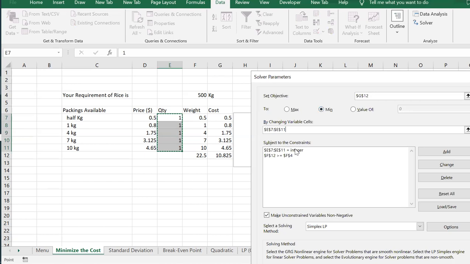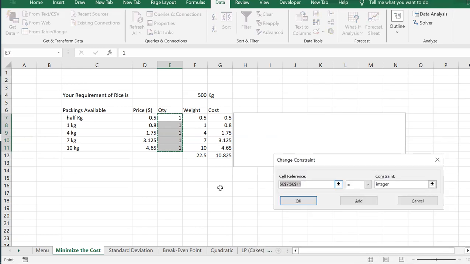Now there are only two constraints here. The first thing is that this quantity which we are using should not be other than a whole number. So it has to be an integer, right? For this you specify that this is equal to integer. Okay.